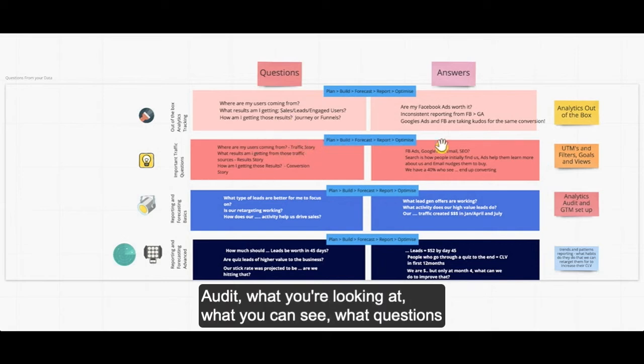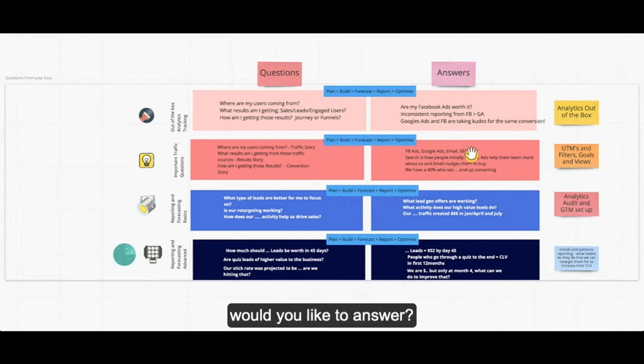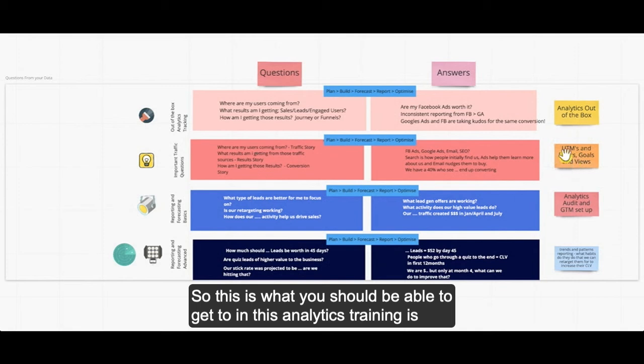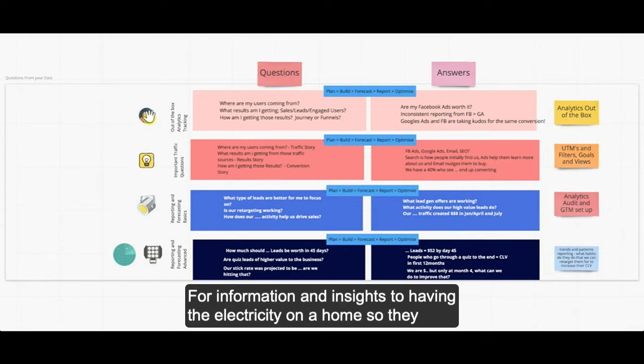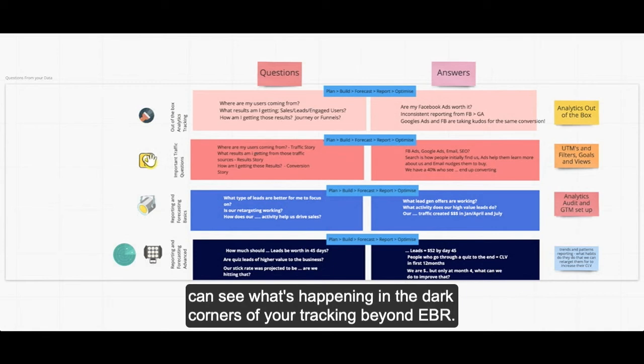Audit what you're looking at, what you can see, what questions would you like to answer, this data doesn't answer it, what do we need to plan for, how do we build that, what do we think we're going to get, report, optimize, etc. And that's this level. So this is what you should be able to get to in this analytics training, is you should start getting into this, where you go from looking with a torchlight for information and insights to having the electricity on in a home so you can see what's happening in the dark corners of your tracking behavior.